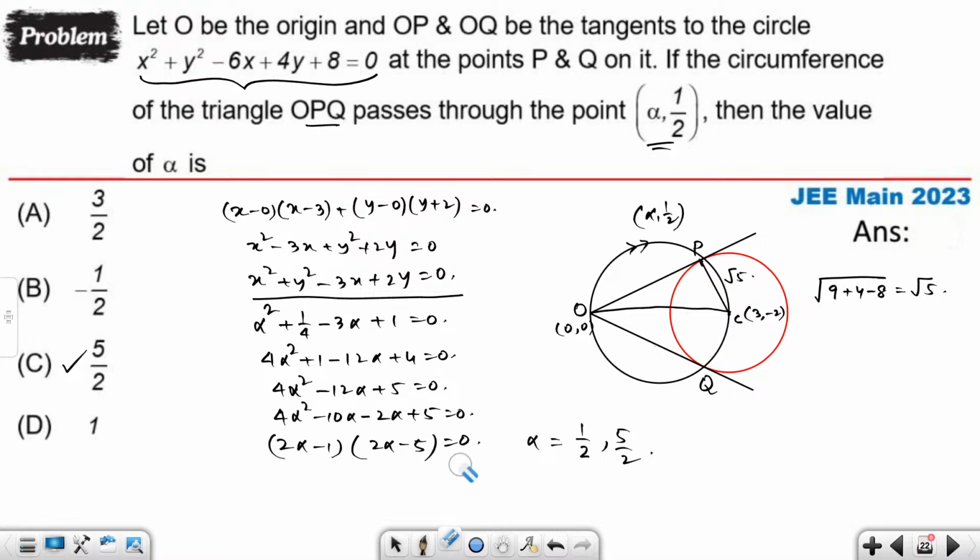See how much time it takes to solve this problem? 30 seconds. If you are very slow, then 40 seconds, not more than that. So you have saved time, because for JEE Main every sum should take about 1.5 to 2 minutes.